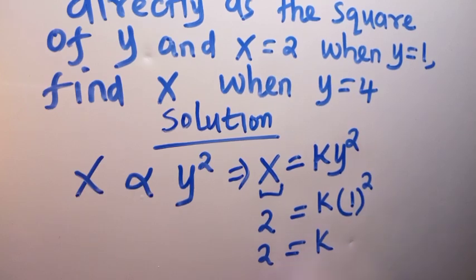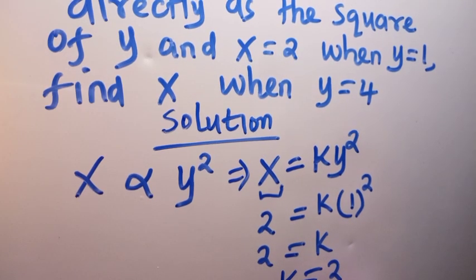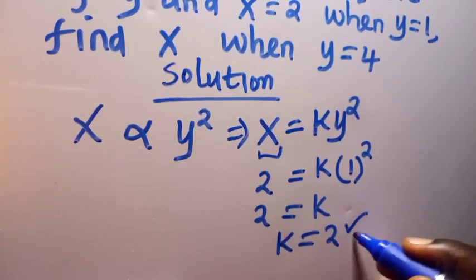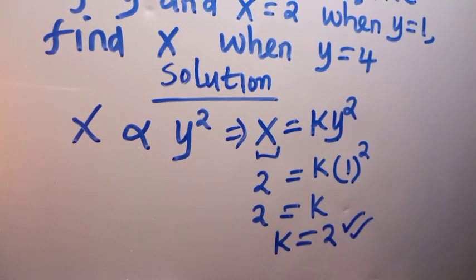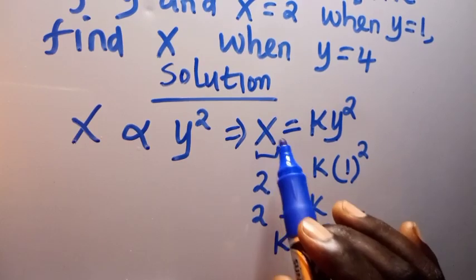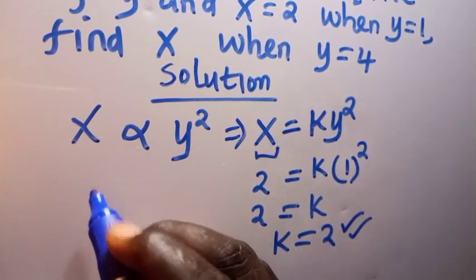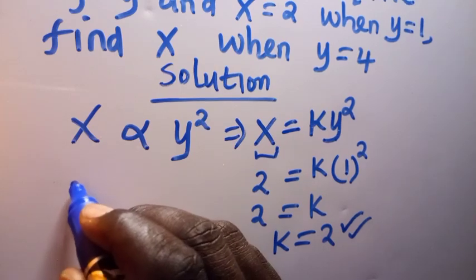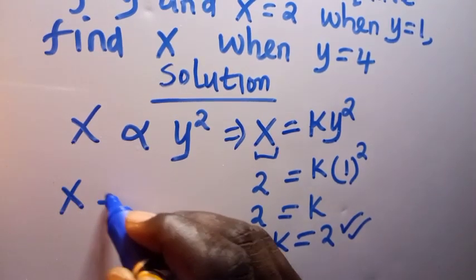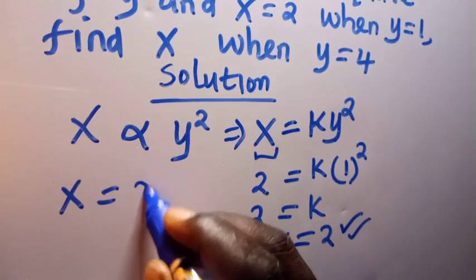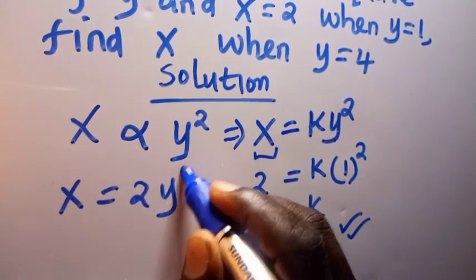Therefore the value of k is 2. The constant is 2, and so the equation connecting x and y squared is x equals 2y squared.